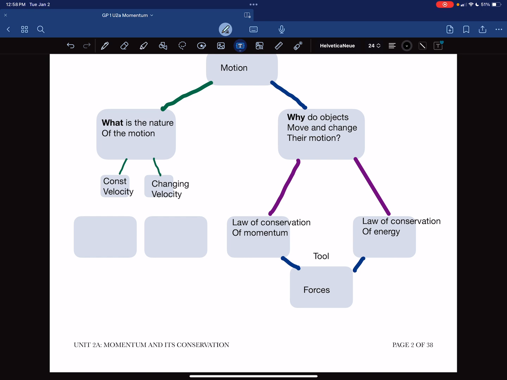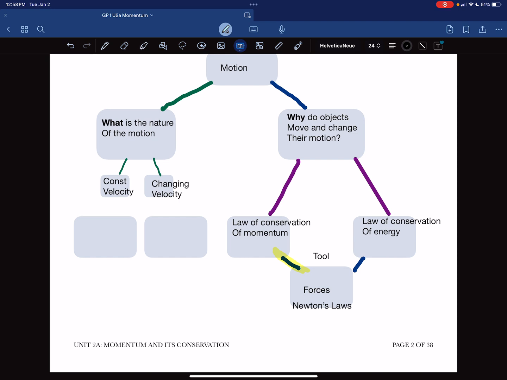And in fact, the whole idea of forces is a subset, or it's just a corollary to momentum, as we'll see. All the ideas that we talk about with forces, and the main ideas that people talk about with forces, are Newton's laws. Well, they're not really separate laws. They're all just aspects of the law of conservation of momentum.